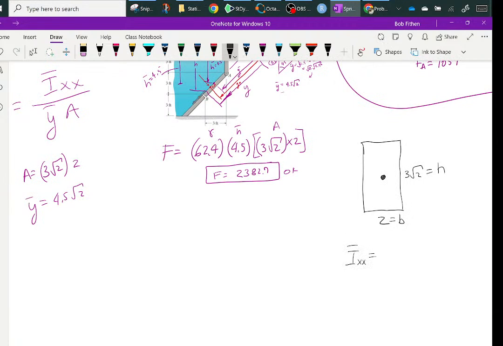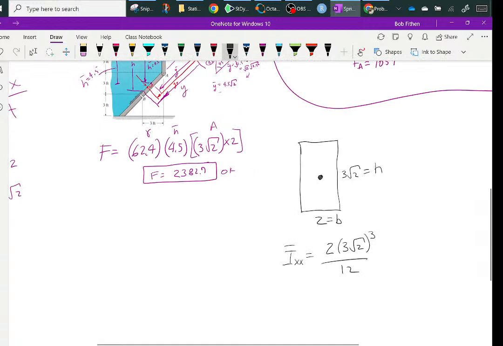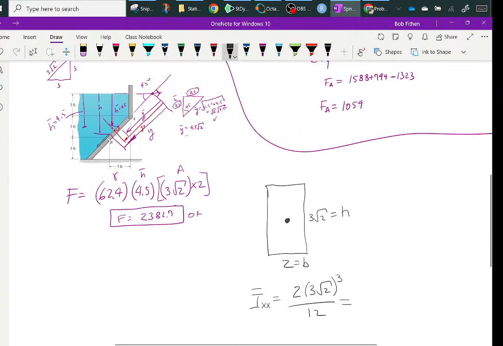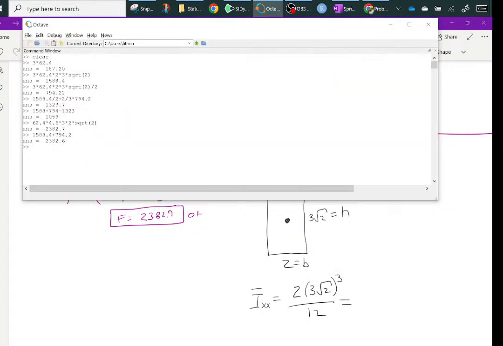Well, that's just base times height to the third over 12. You can look that up. That's the most standard one that's there. So looks like I got to calculate that. 2 times 3 times square root of 2, all that brought up to the power of 3 and divide that by 12.